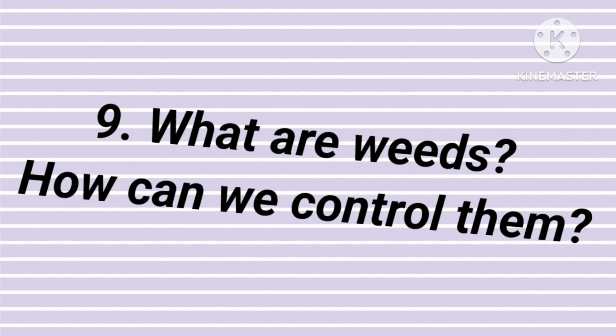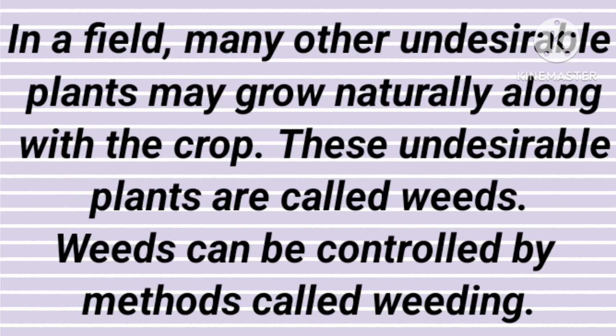What are weeds? How can we control them? Weeds are one of the most dangerous things. In a field, many other undesirable plants may grow naturally along with a crop. These undesirable plants are called weeds.